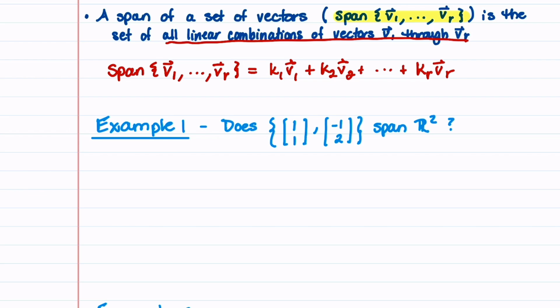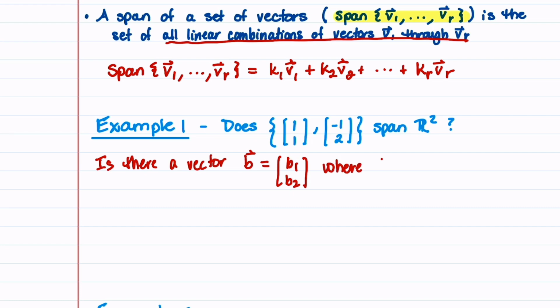So what this means is, is there a vector B, and we'll call this B1, B2, where B is equal to K1 times 1, 1 plus K2 times minus 1, 2.